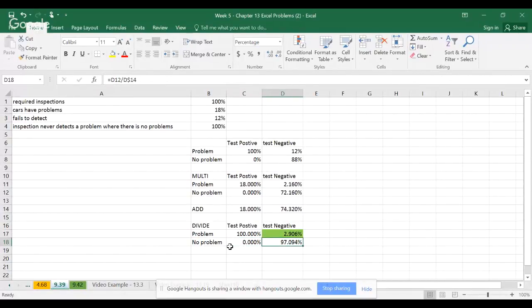My no problem test negative under multiplication is different than yours. Your no problem test negative? Yeah. Okay, you did the 1 minus. You did the inverse. Would that be it? I should have done the inverse there because that was the no problem.